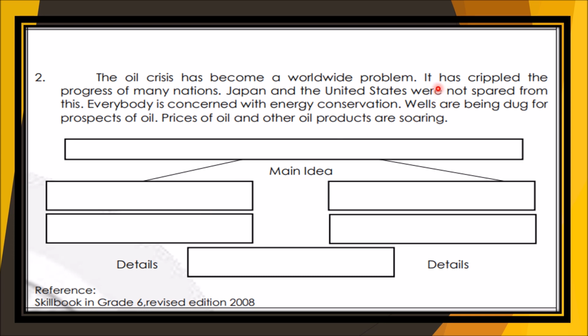Don't forget, it has crippled the progress of many nations, and followed by Japan and the United States were not spared from this. That is also a supporting detail. Then everybody is concerned with energy conservation. That is also a supporting detail that supports the main idea. And wells are being dug for the prospects of oil. Okay, you got it? Good.